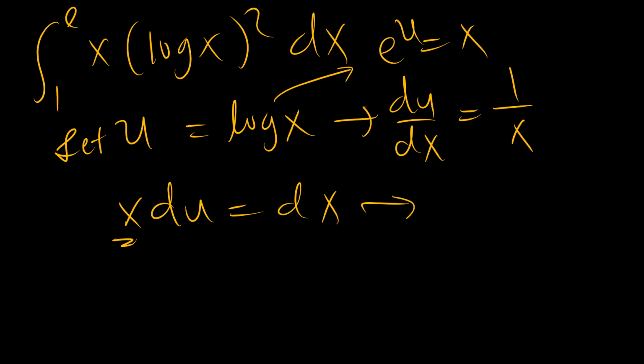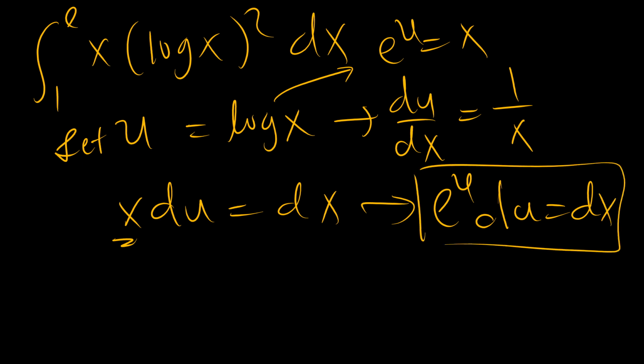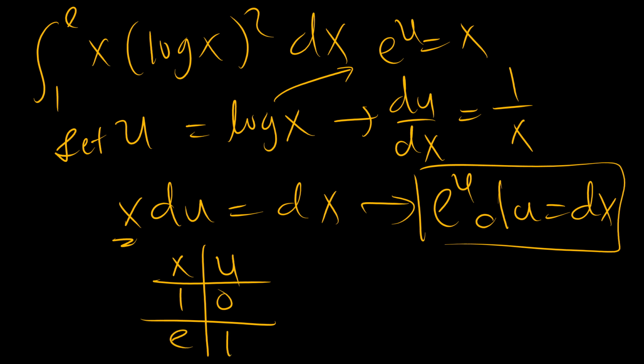That means that from here we have e to the power u du is equal to dx, right? And then limits: x equals 1, lower limit, natural logarithm of 1 is 0, natural logarithm of e is 1.